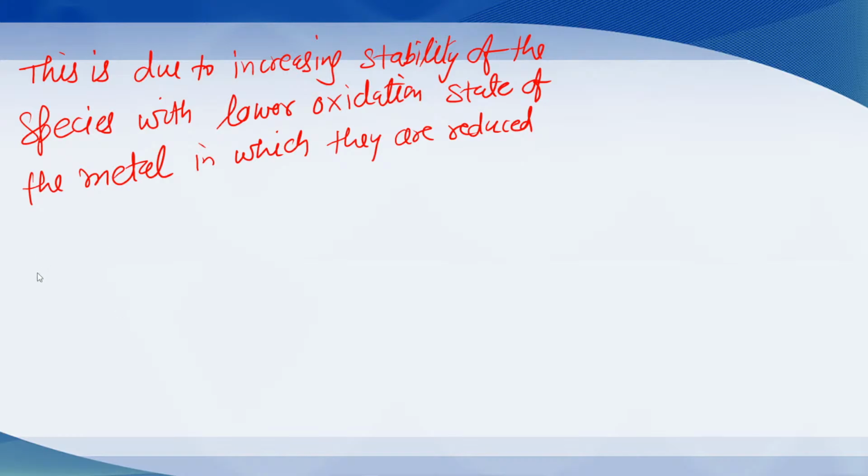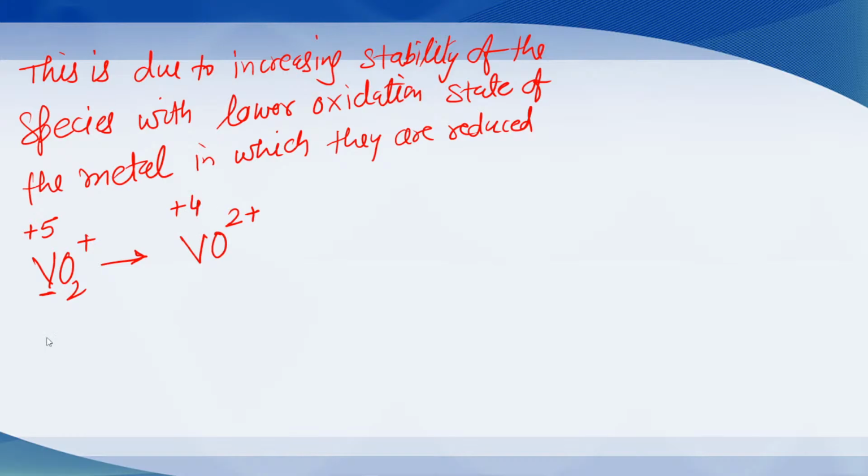See, VO2 plus is reduced to VO2 plus. So in VO2 plus, what is the oxidation number of vanadium? X minus 4 equals plus 1, which means here it is in plus 5 state, and in the case of VO2 plus, it is in plus 4 state.